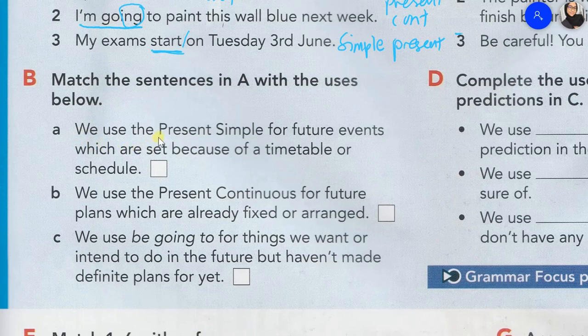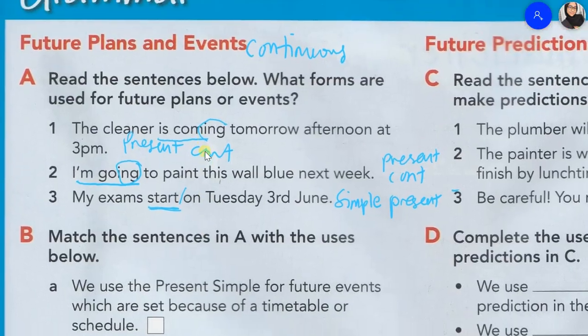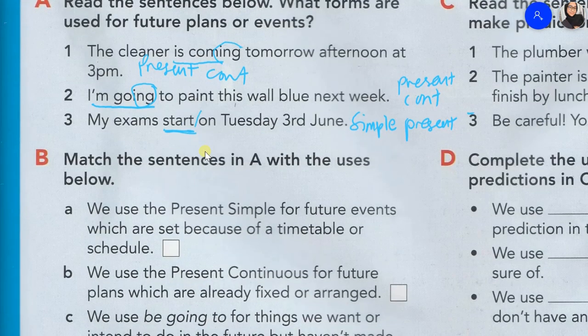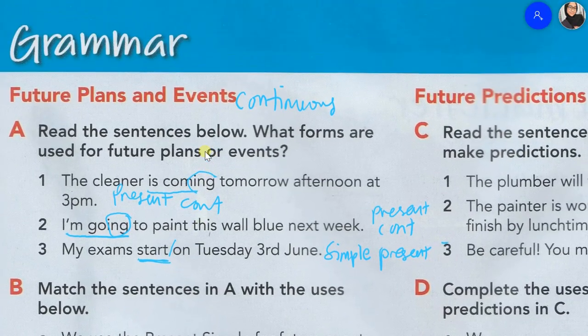A. We use the present simple for future events which are set because of a timetable or schedule. Alright, let's look at the first task. Which sentences involve a schedule or what do you call that? A timetable. The cleaner is coming tomorrow afternoon at 3 p.m.